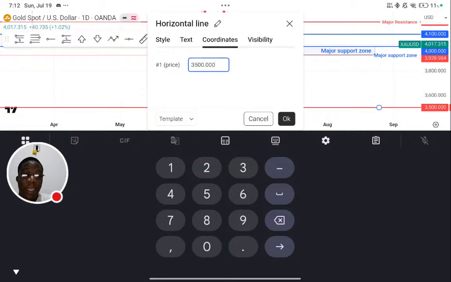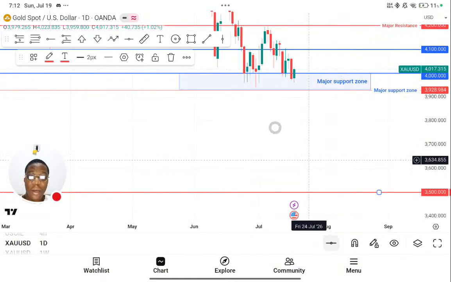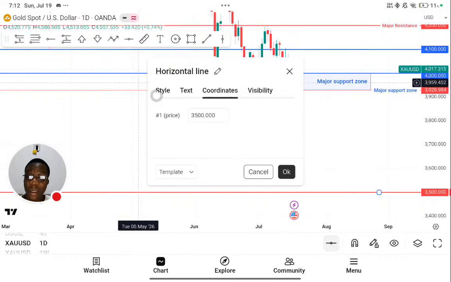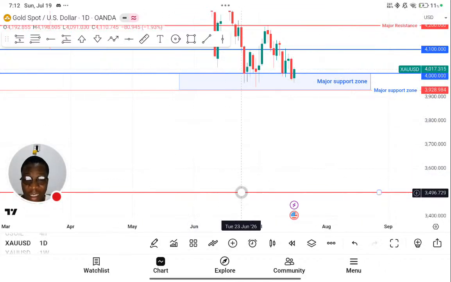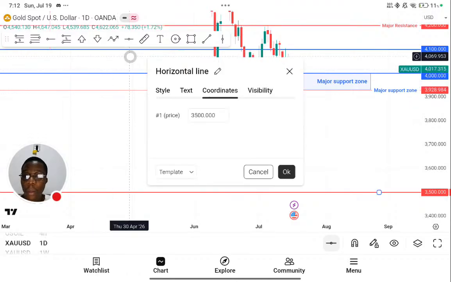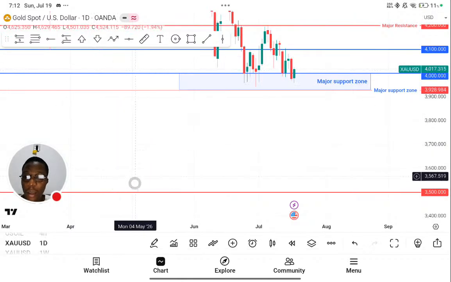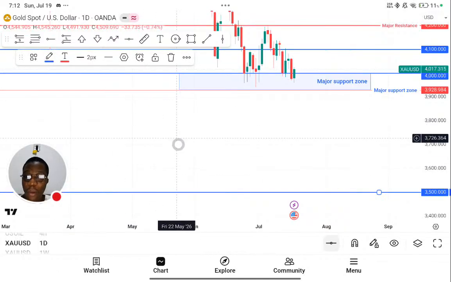Since last year, when we had new all-time highs and price broke above the 4,500 level, it hadn't retested it. That was from September 2025. I was there when it happened.